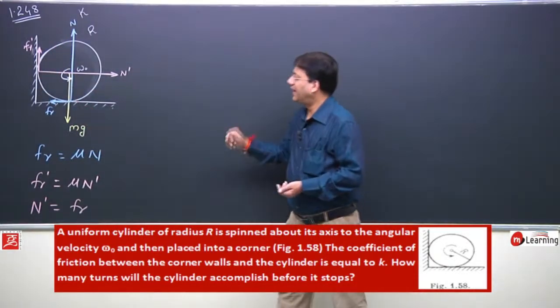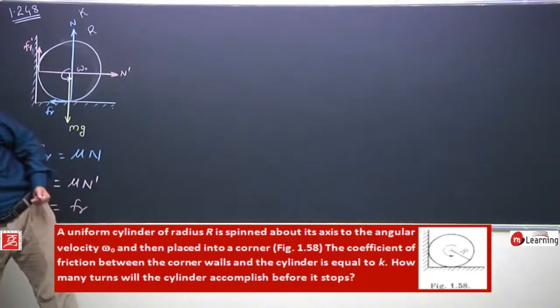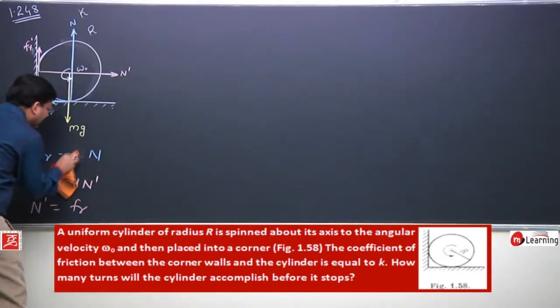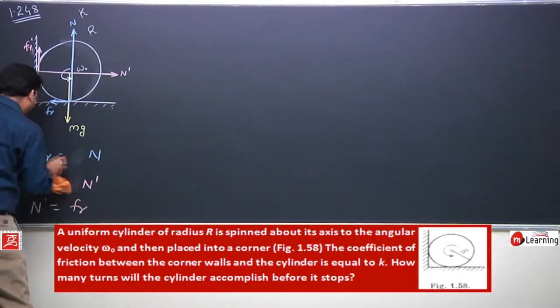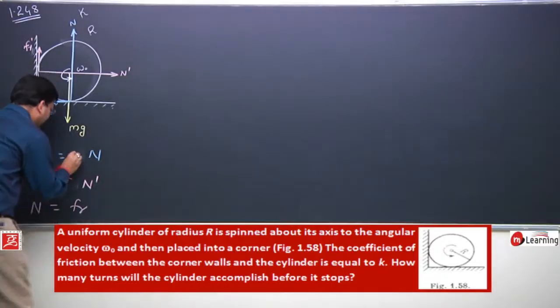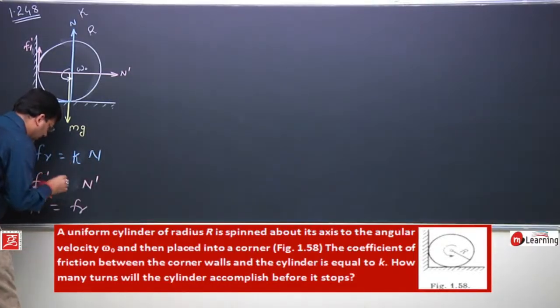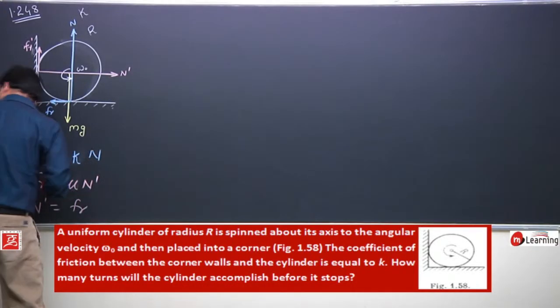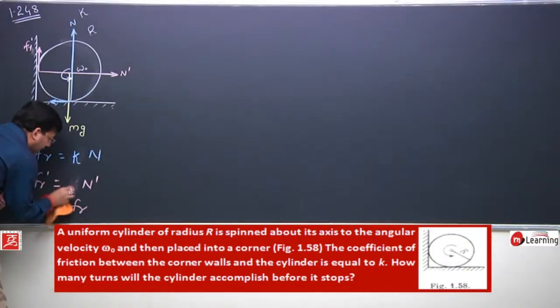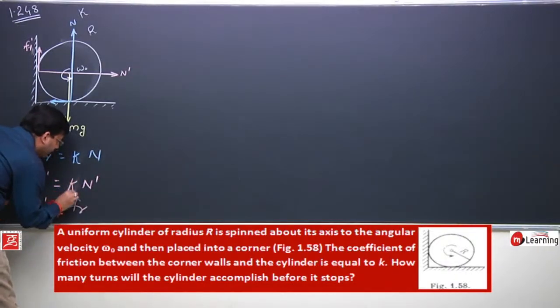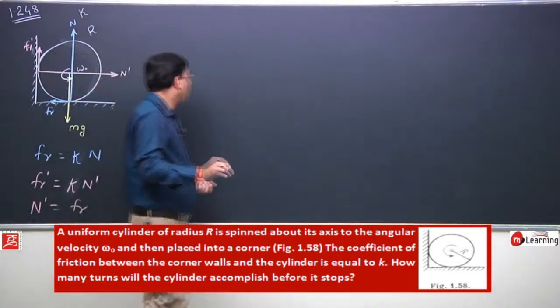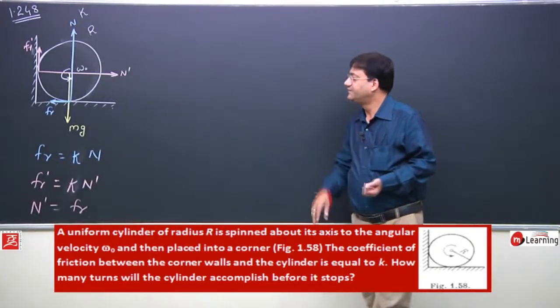And for mu, I should write K, because the coefficient of friction is given as K. Mu is a generalized term, but here in this problem, they have mentioned that the coefficient of friction is K.